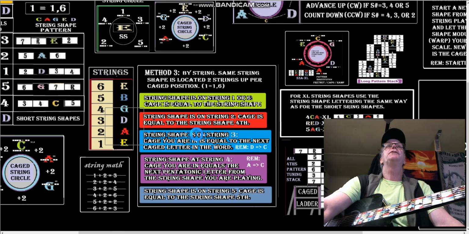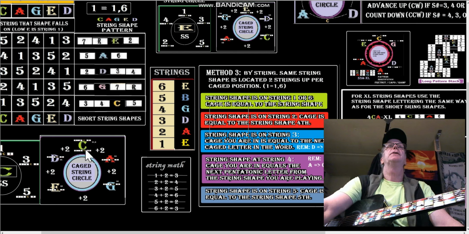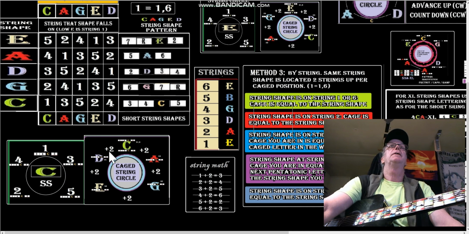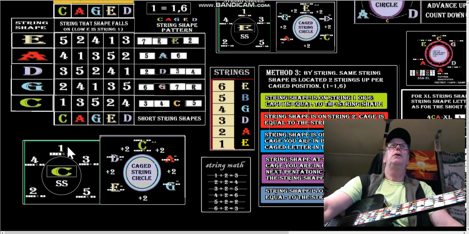So when we're on string 3 now, maybe we could look at C. Here's string 3. If we go 2 strings down, we have the cage position. So if this C string shape is on string 3, we know that it's also on string 1.